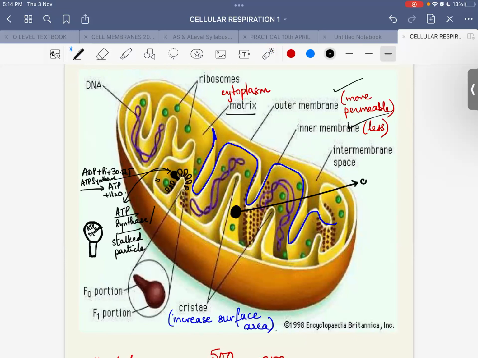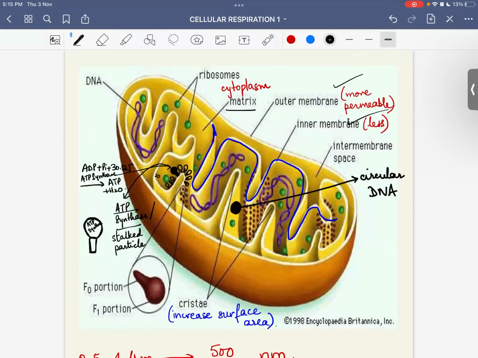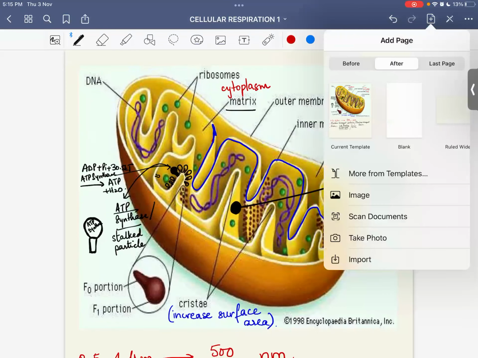Circular DNA. What's the meaning of circular DNA? What is your understanding about it? It contains some form of genetic material. I know DNA is genetic material, but then what do you mean by circular DNA? It just has a closed loop, right?